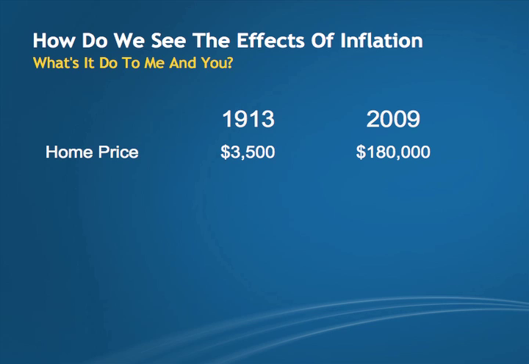Now, if we adjust directly for inflation, obviously we've seen a little bit more growth in the real estate market than matches our base inflation line. But that price probably would have gone up to something like $80,000 to $90,000.